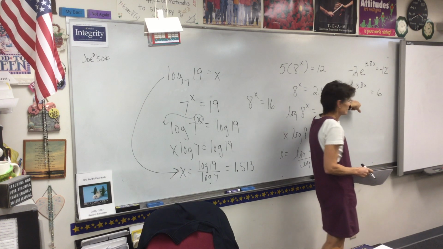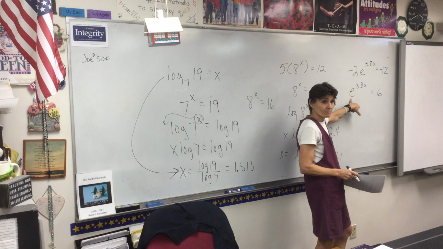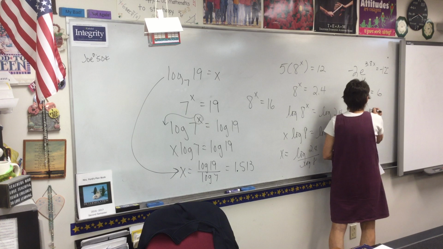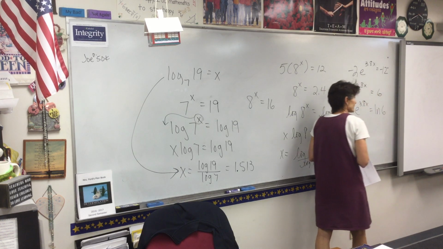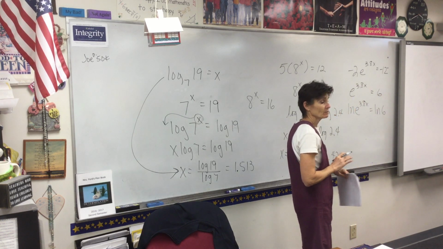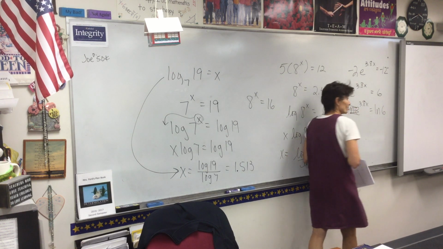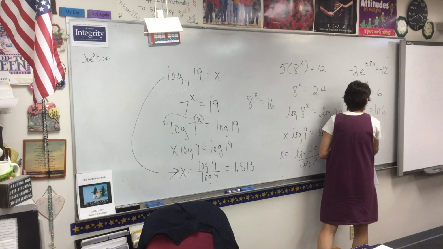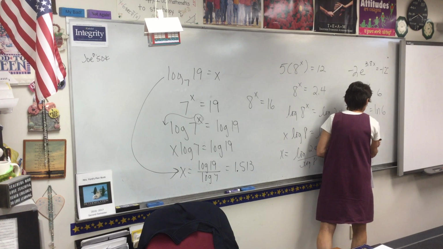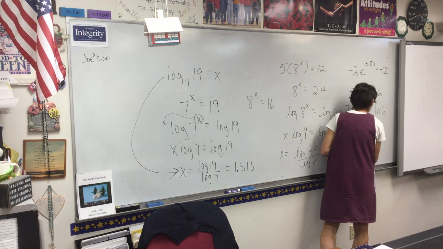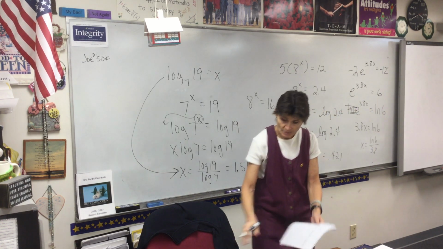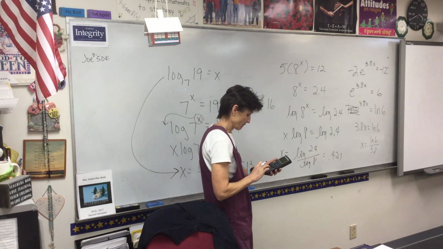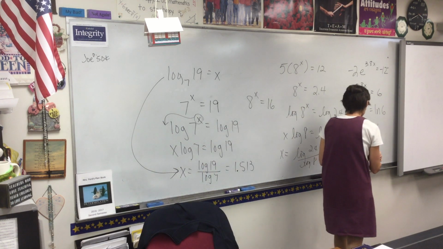But since this one has an e in it, we'll ln both sides. Now, what happens if you forget and accidentally log? You'll still get the right answer. You just won't be able to do this, which makes the problem easier. So ln 6 divided by 3.8 should be our answer. Don't forget to close the parentheses. 0.472.